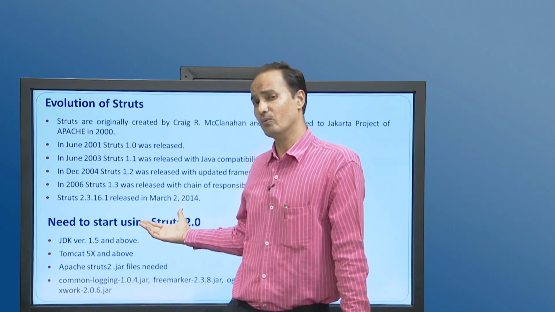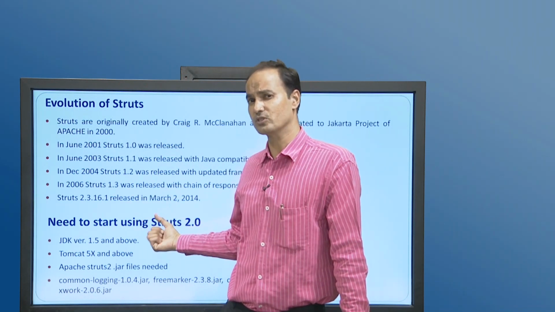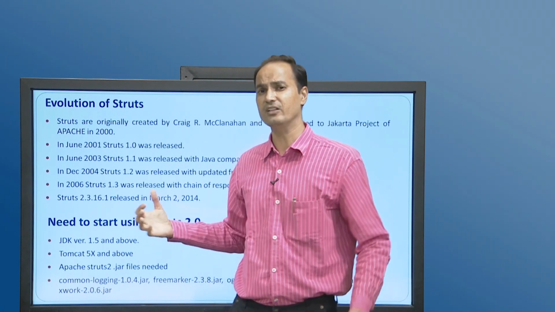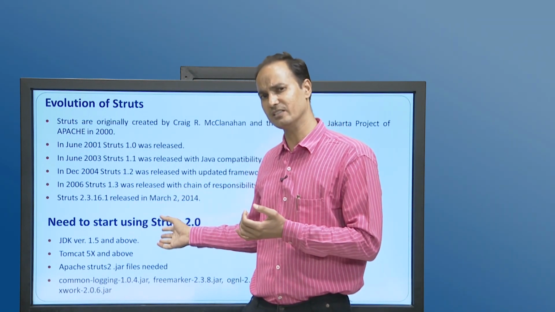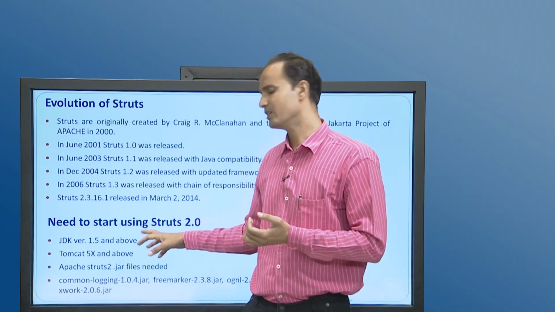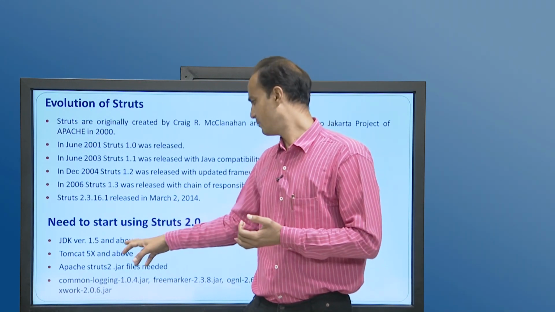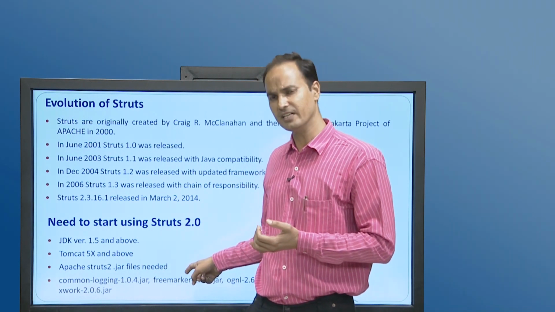Now, what tools do we need if we want to build a Struts-based application? Generally, we need JDK 1.5 or later, Tomcat 5 or later, and the Apache Struts 2 jar files.